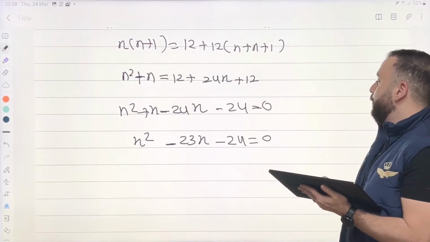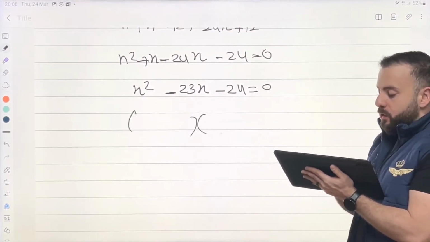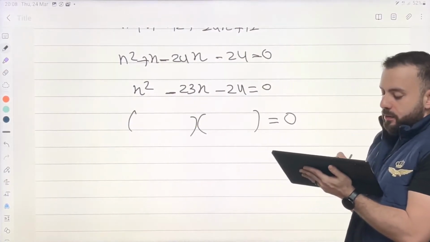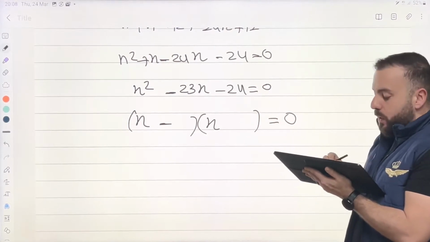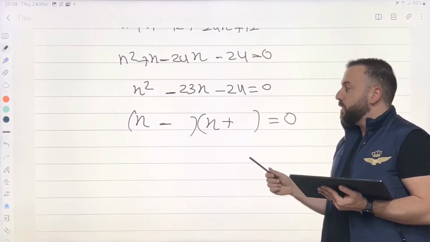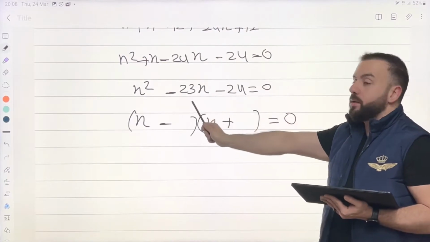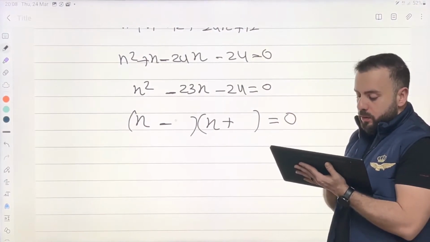So check this now. Again, open bracket is equal to 0. It's n minus times minus plus. Yes, again the same thing. Two numbers, I multiply them. It gives me what? 24, and their subtraction is 23. Easily, it's 24 times 1.